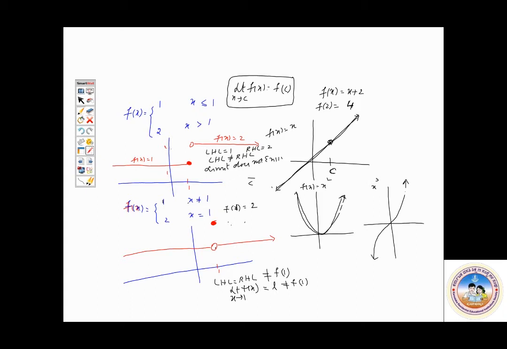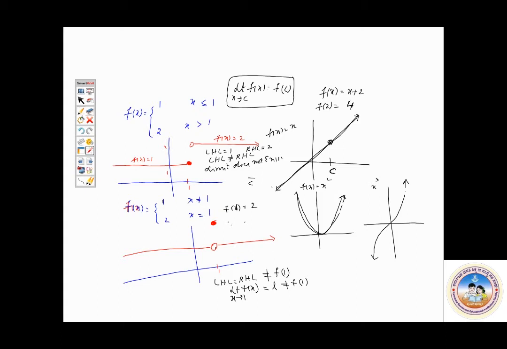This is called continuity of a function at a point. Continuity over a domain means the function is continuous at every point in its domain. Then we say that the function is continuous everywhere.